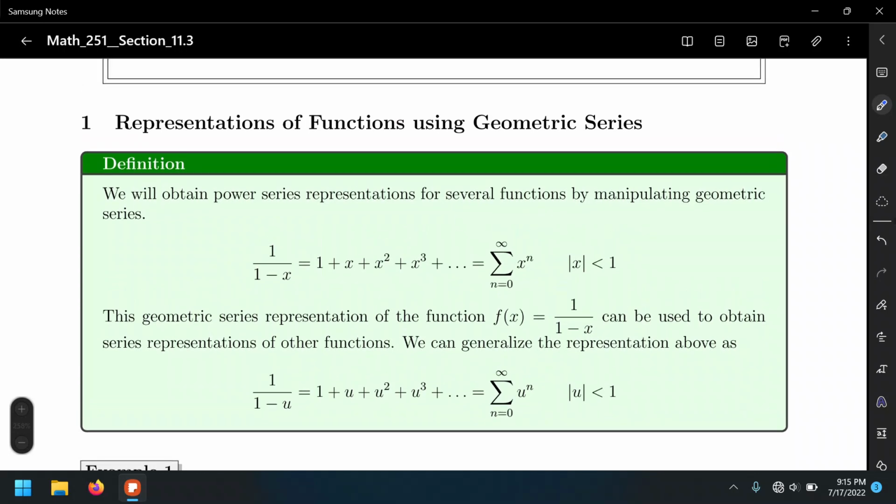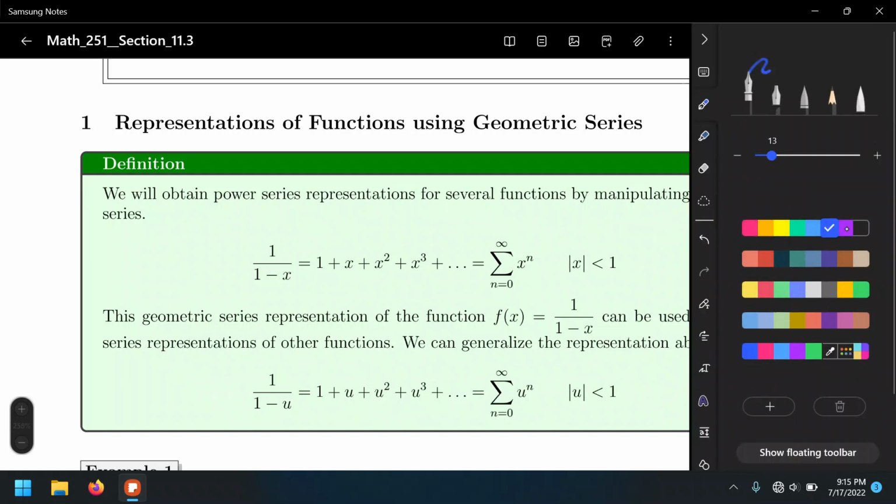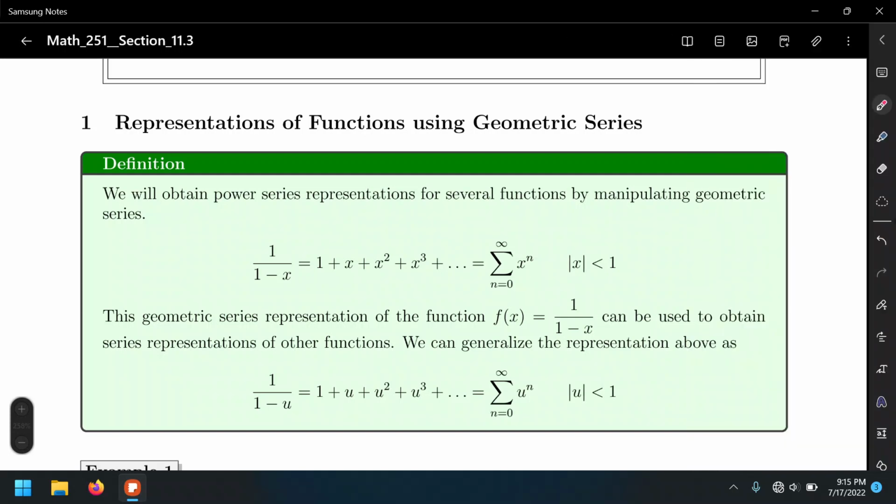So one thing that you might want to recall is the form for the geometric series. Here it's given in terms of x, but initially in chapter 10 we did the following. We got sigma a r to the n, starting at 0 to infinity, where a is a number that multiplies, that's a sub 1, and r is the common ratio and n is the power.